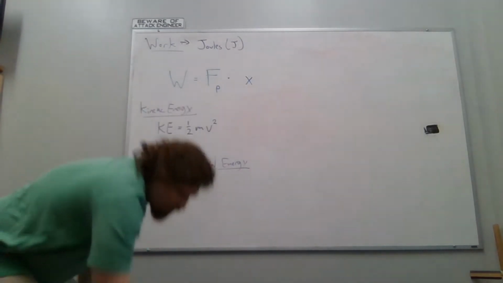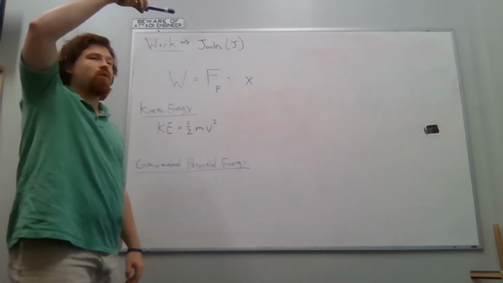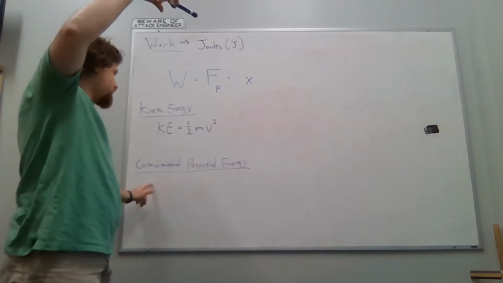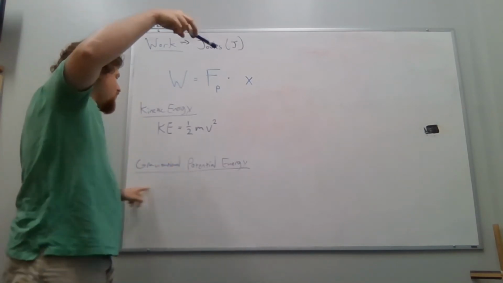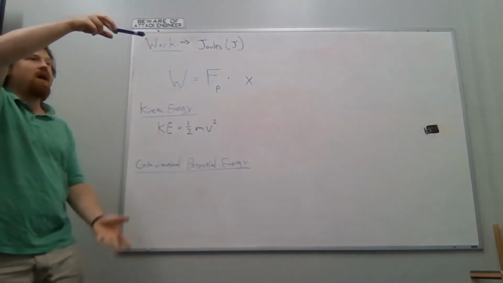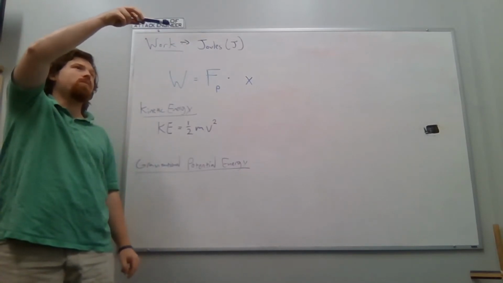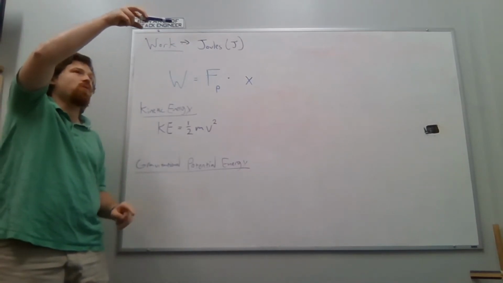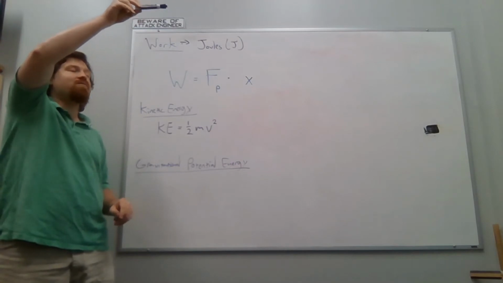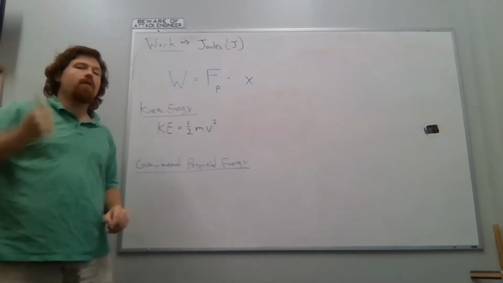So whenever you lift an object upwards, you are doing work to give that object gravitational potential energy. I have elevated this marker to a point where it has energy stored in its ability to fall, and when it falls, that energy is going to be released.